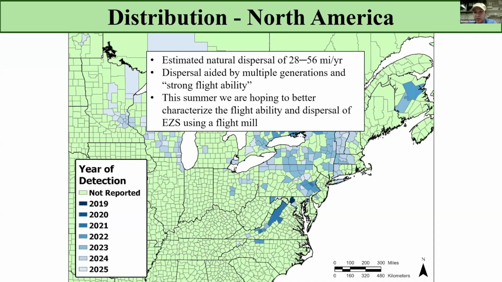Again, this is split between multiple generations, so it's not like one individual flying this far. But I, at least me and several others, have doubted this figure a little bit. Obviously, it's a very wide range.